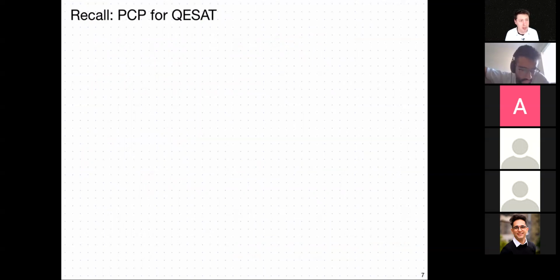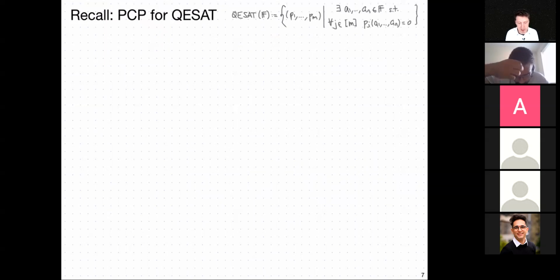What I would like to do now is remind you of the PCP for satisfiability of quadratic equations that you should have seen earlier today, point out that it has a large proof length, and then explain how, with an easy use of additional rounds, we can make the proof length much better. What you've seen today is a PCP for this language. You give me a list of m quadratic equations, and I'm asking, is there a satisfying assignment that satisfies all of them simultaneously?